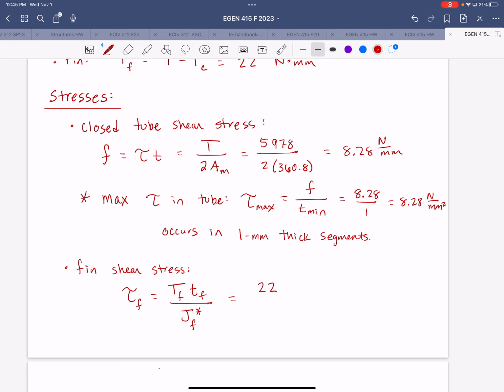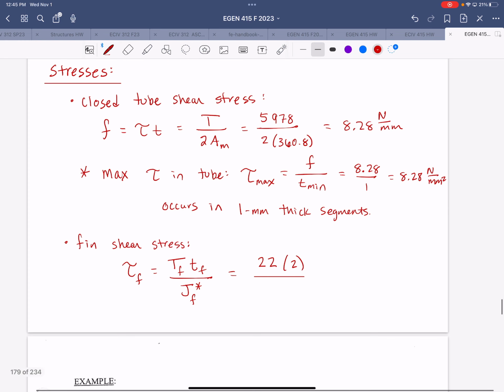All right, so we got 22 for the torque, 2 for the thickness, and then the J star, remember that is 1/3 times the length times the thickness cubed. So that gives us 1.06 newtons per millimeter squared.